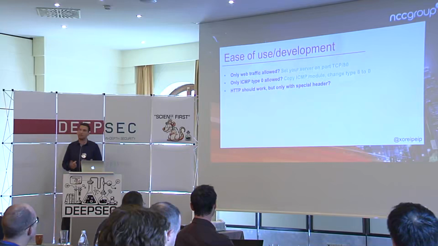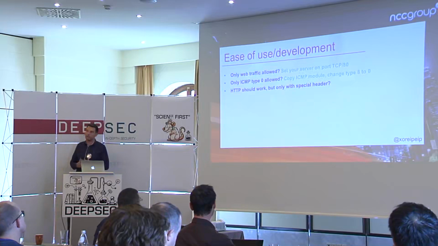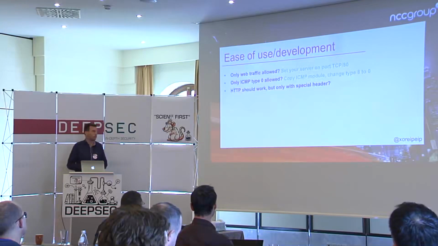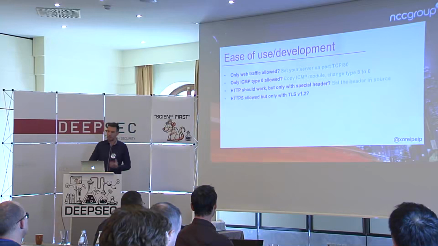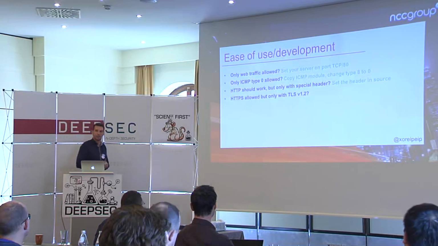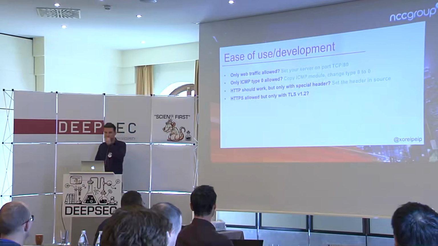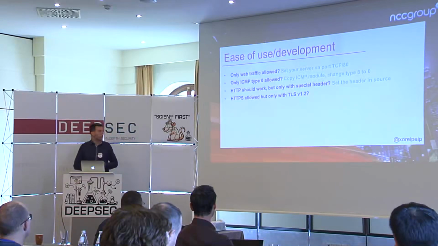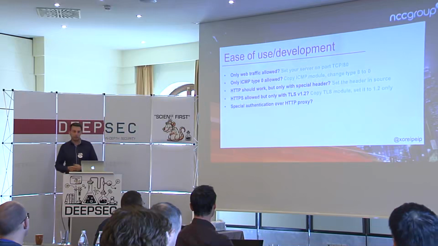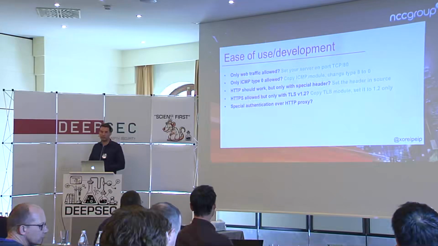If you have some kind of inspection, IDS, IPS, or proxy on the network, and it requires a special header, then you just copy the HTTP module, set the header in the source, and all the requests will go with that header. If you have a proxy that supports HTTPS only over TLS version 1.2, then you just set TLS version 1.2 strictly in the source file, and you are good to go.